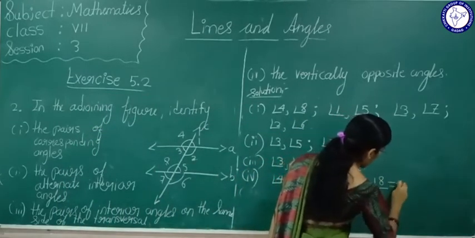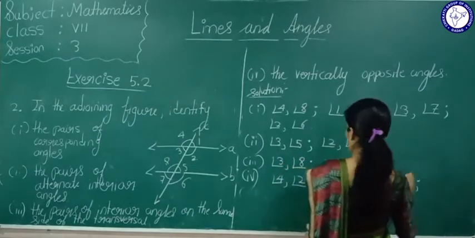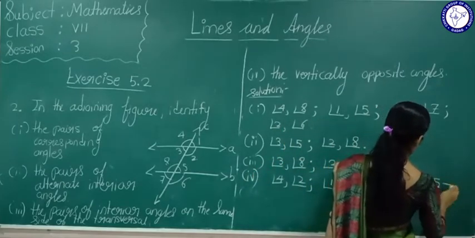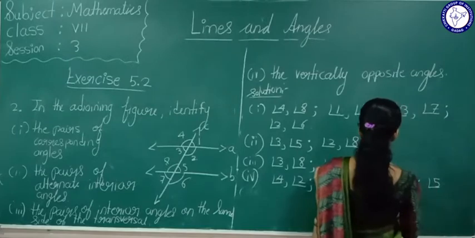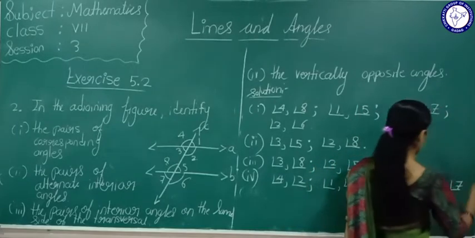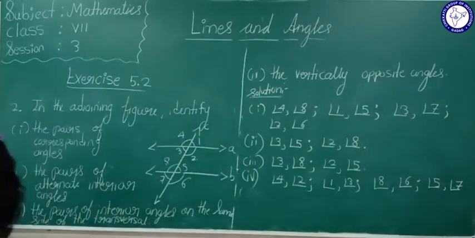Again angle 5, angle 7. So these are the vertically opposite angles.